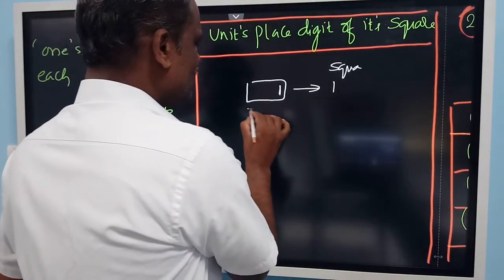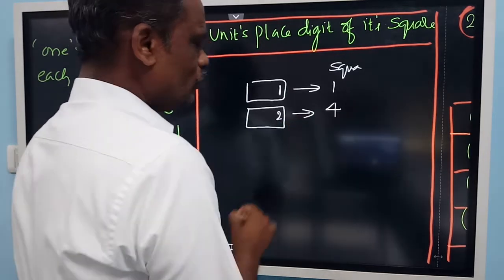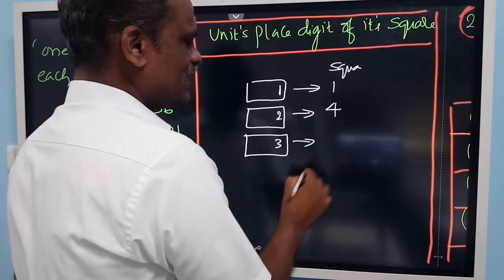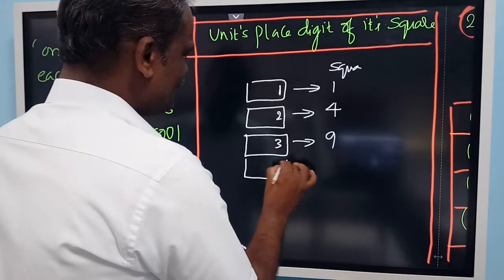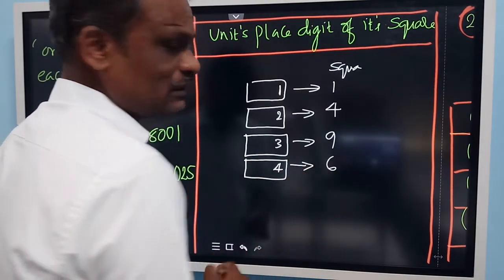If a number ends with the digit 2, its square ends with 4. If a number ends with the digit 3, its square ends with 9. If a number ends with the digit 4, its square ends with the digit 6.